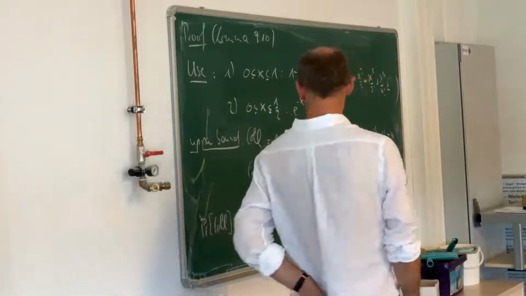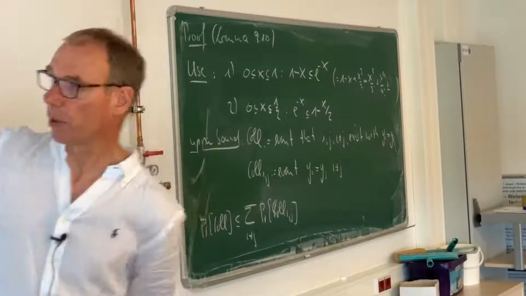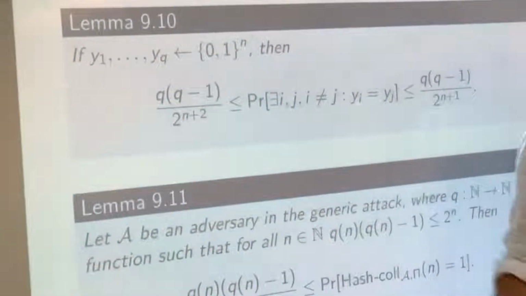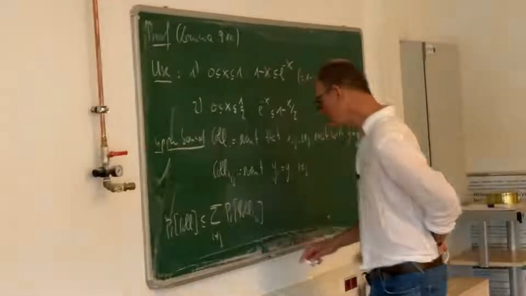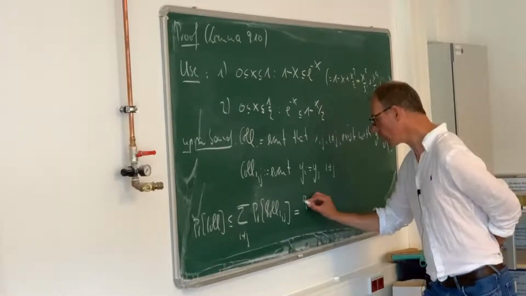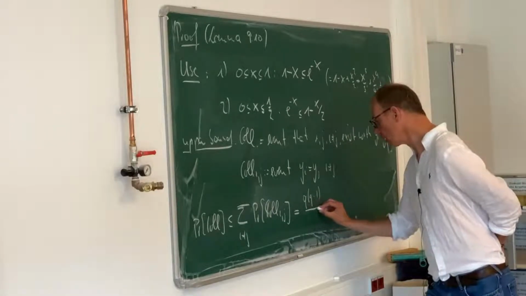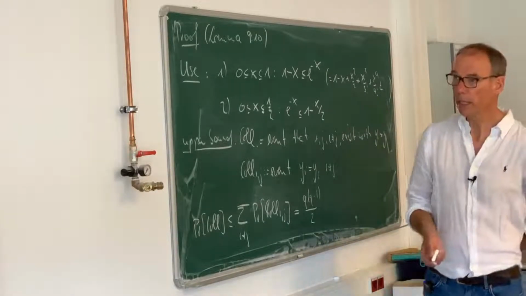Right? Now the probability that we have a collision at i comma j is the probability that two elements picked uniformly at random from 2 to the n are identical. Now, for each index i and j, this is the same. So how many index pairs do we have? We have q times q minus 1 divided by 2 index pairs.